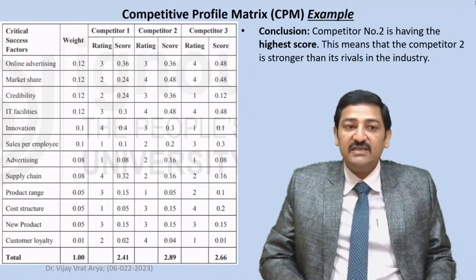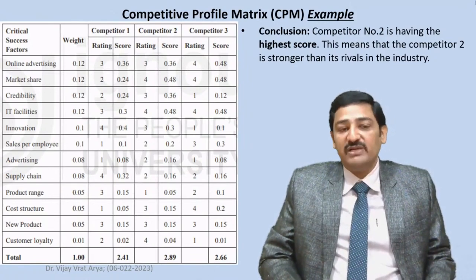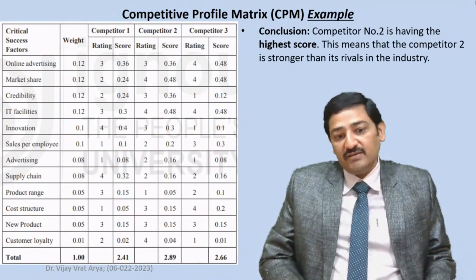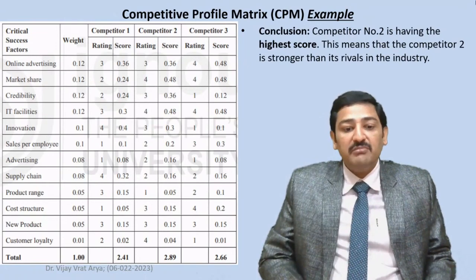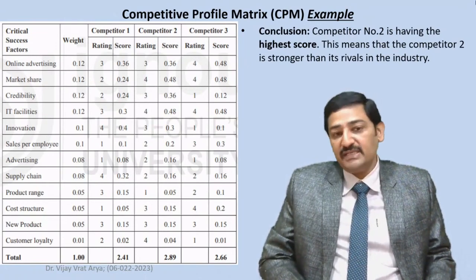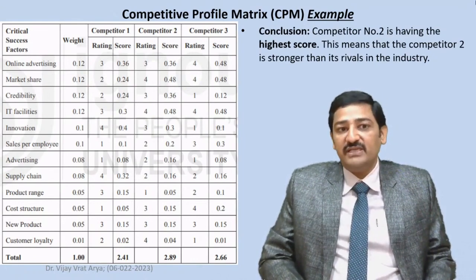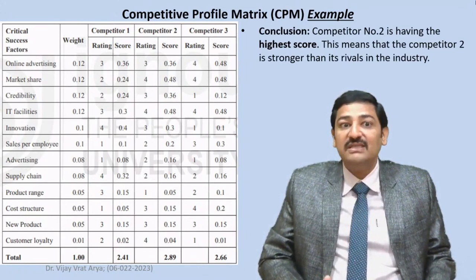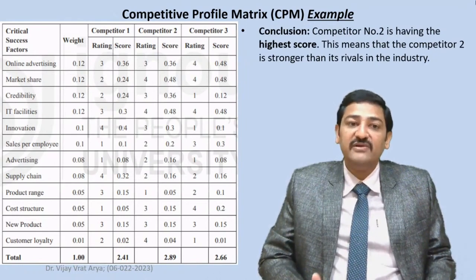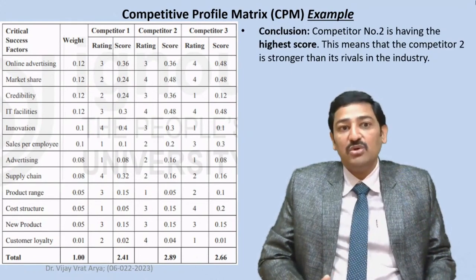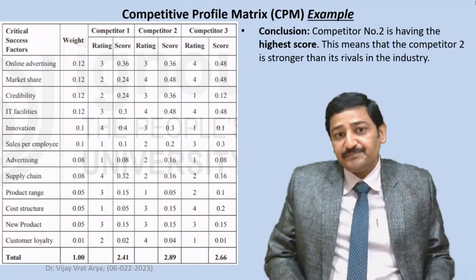But if the firm which is calculating this competitive profile matrix is somewhere higher than 2.41 but lesser than 2.89, in this particular scenario, the firm is in a better position than competitor one, but on the other hand, is not able to address the competitive advantage of competitor two or the firm number two.